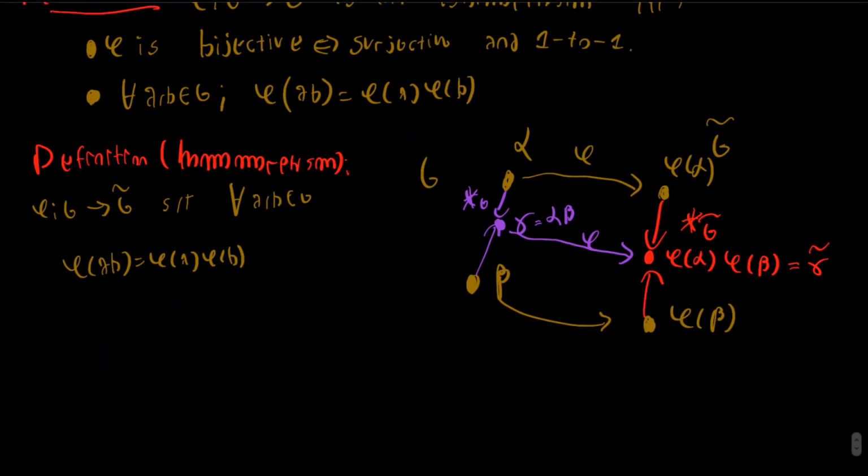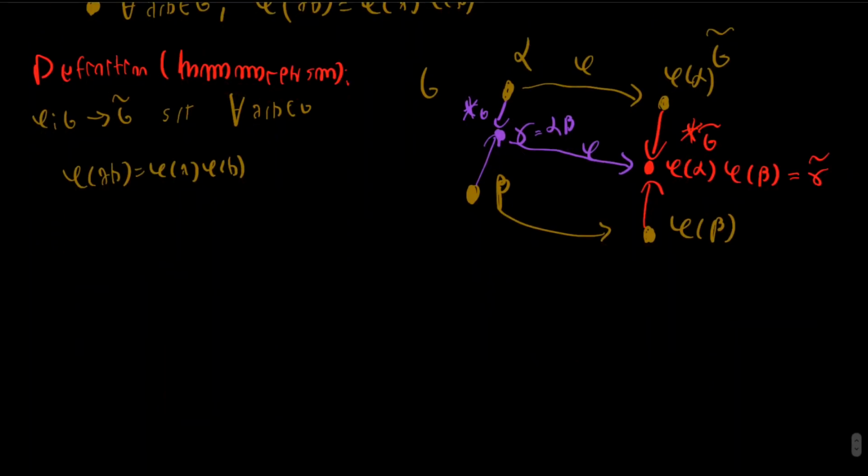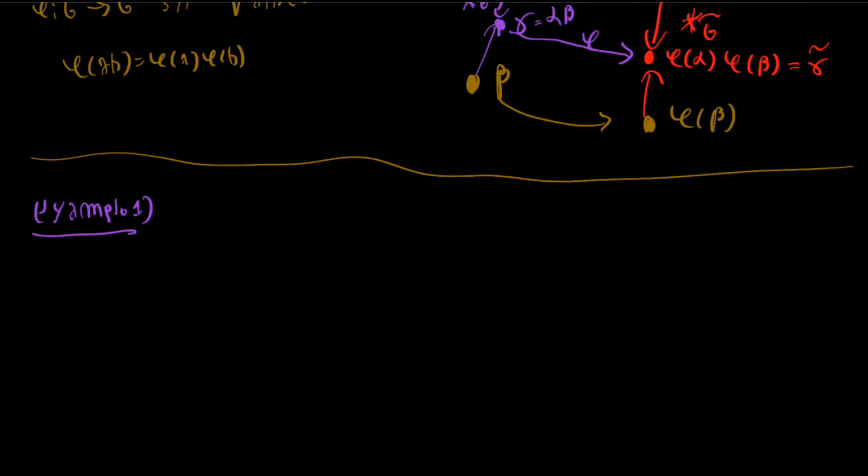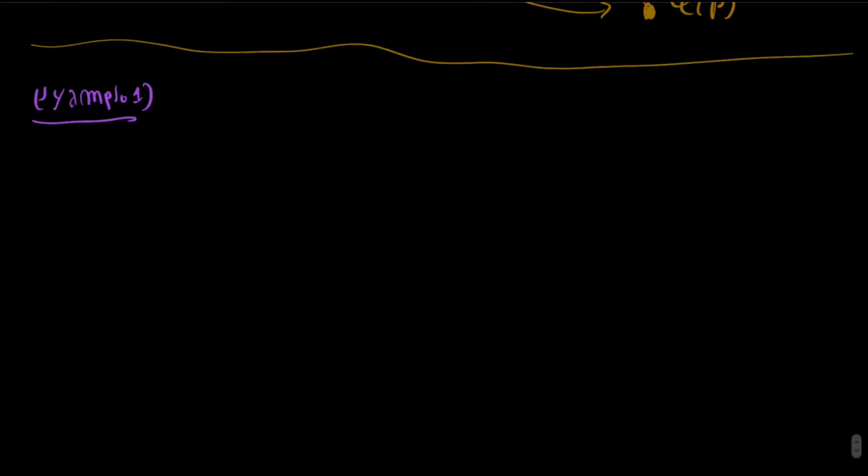So now that we have the notion of isomorphisms and homomorphisms, let's go and give some examples. So let's start with example 1. This example is a little bit analytical. We're going to draw some inspiration from real analysis.